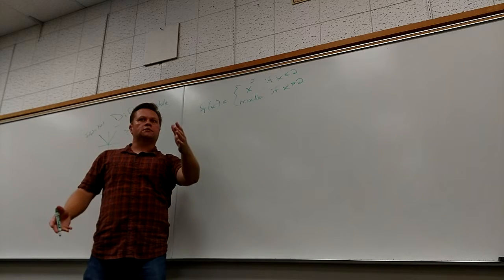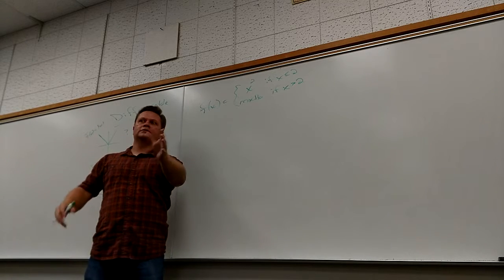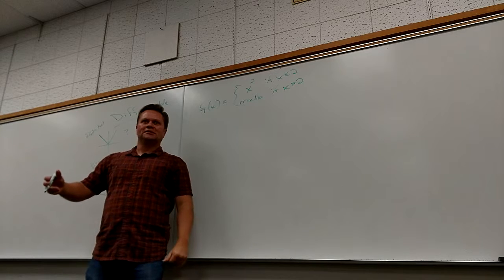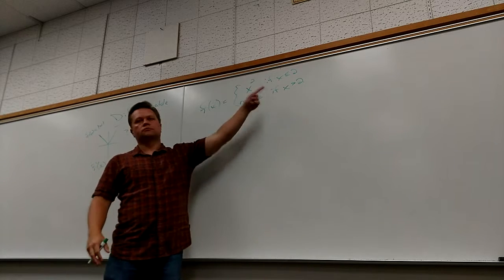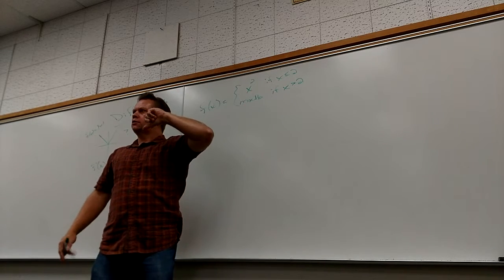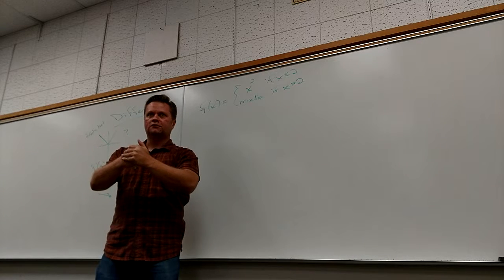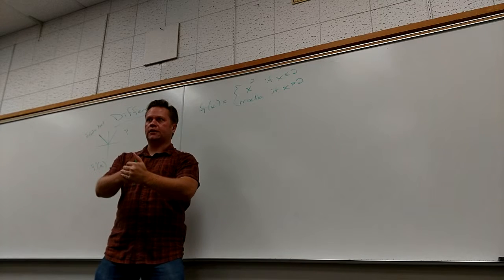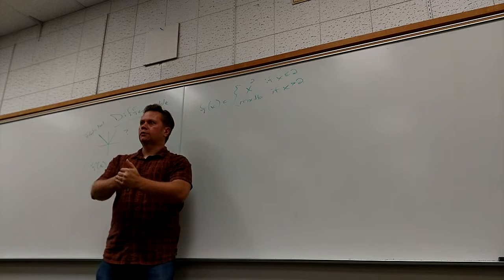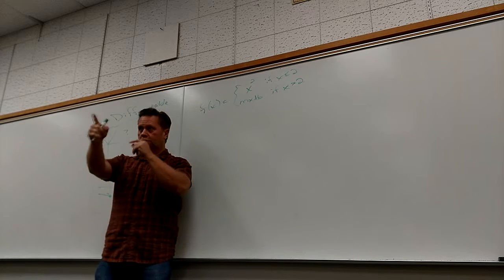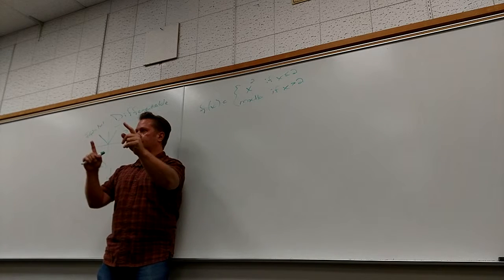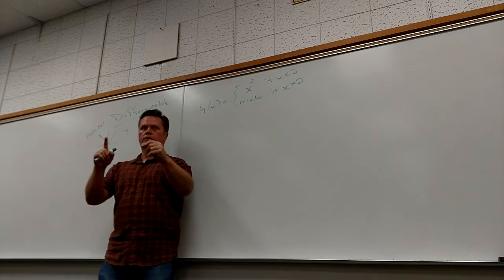So the only place this could possibly be not differentiable would be at 2. So you have to force the right thing to happen at 2. So what is it that needs to happen at 2? Yeah, the slopes from both sides have to be equal. Right?